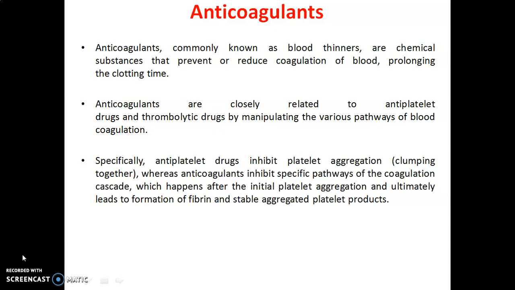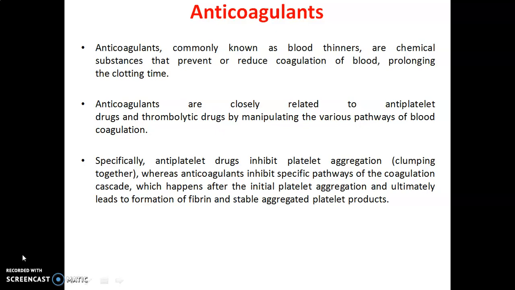Anticoagulants are commonly known as blood thinners and are chemical substances that prevent or reduce coagulation of blood, prolonging the blood clotting time. Anticoagulants are closely related to the antiplatelet drugs and thrombolytic drugs by manipulating the various pathways of blood coagulation.